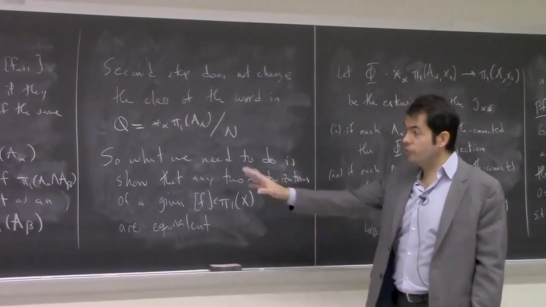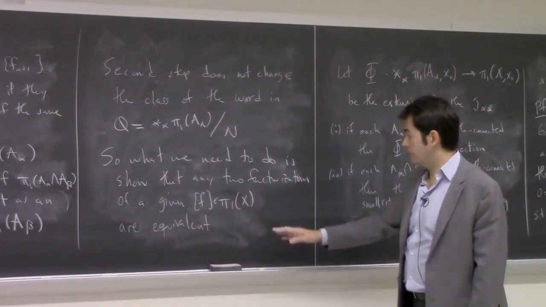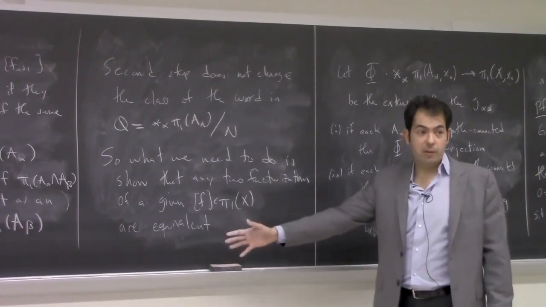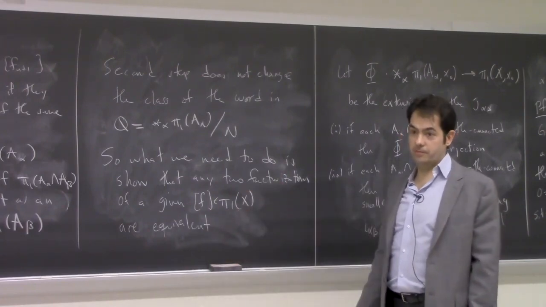Okay? So we have these two steps we're allowed to do. And we have to show that if you give me two factorizations of a given word, then by a finite number of those steps, I can get from one factorization to the other one.